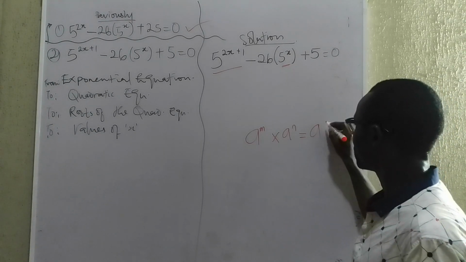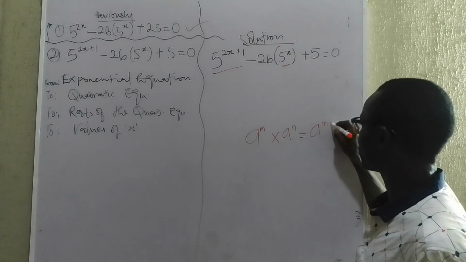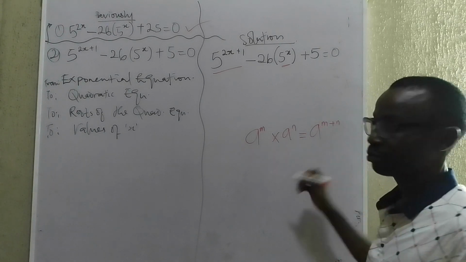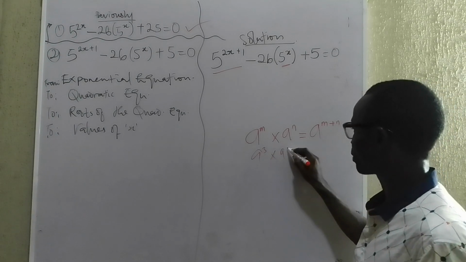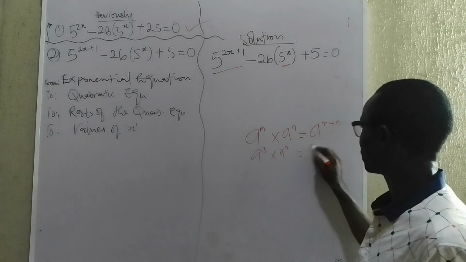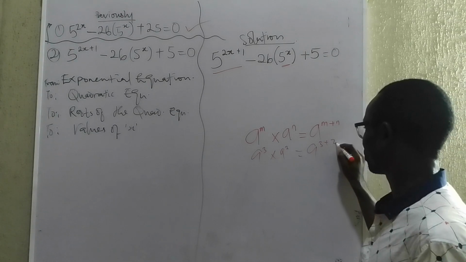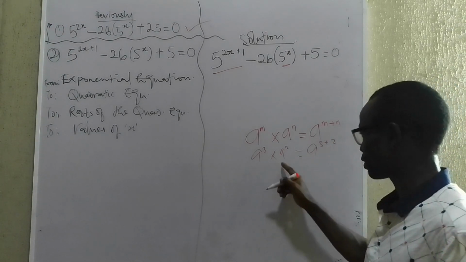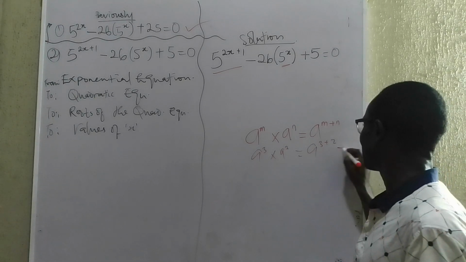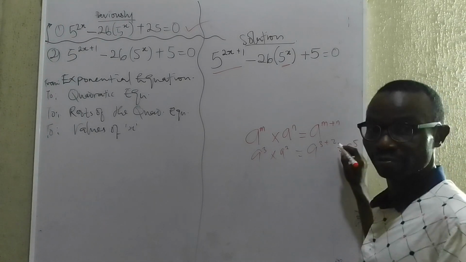So if we had a raised to the power 3 times a raised to the power 2, it's going to be a raised to the power 3 plus 2, not times, plus. If you spread this out, you'll still get a raised to the power 5.